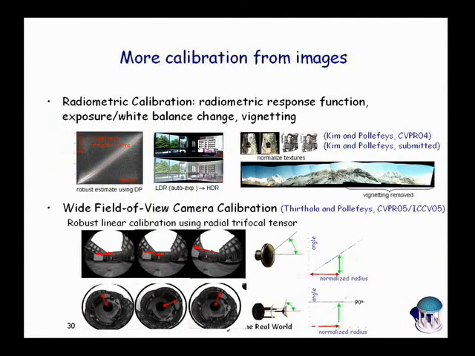A few more things that I won't really have time to talk about: as important as the geometric calibration, in many cases also the radiometric calibration. So we have some automatic procedures to estimate, with a handheld camera with a nonlinear response function, the nonlinear response function, the exposure changes, white balance changes, all of those radiometric properties of the camera, as well as vignetting, which is corrected on the left and not on the right here.